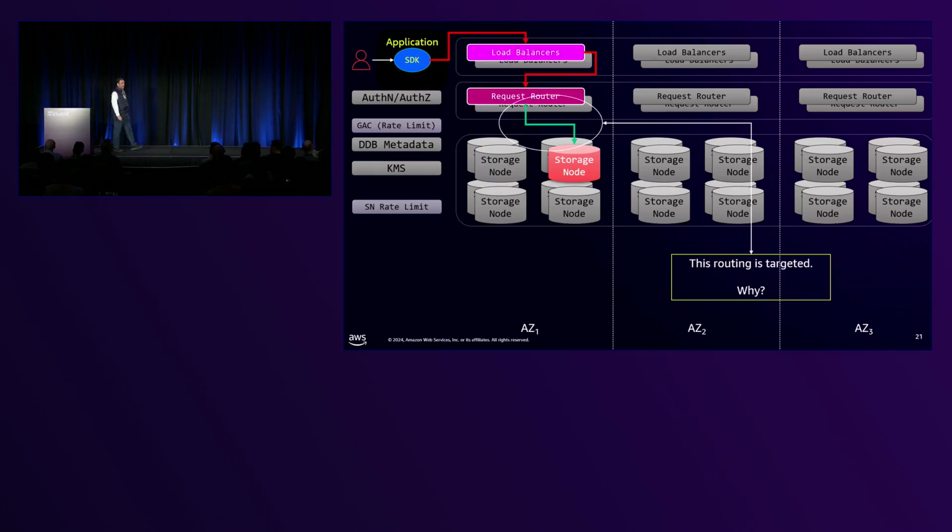But a request router has to send your request to a specific storage node, because that's where your data actually is. So the thing the request router has to do is authenticate, authorize, make sure you're within your limits, make sure that resource policies are complied with and all that, and then it's got to figure out where your data is. Hundreds of millions of times a second.